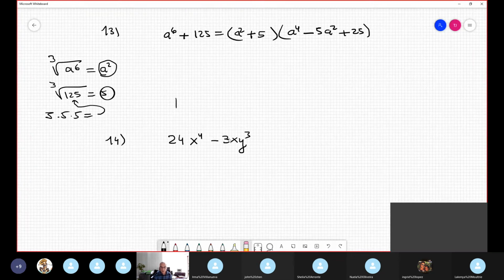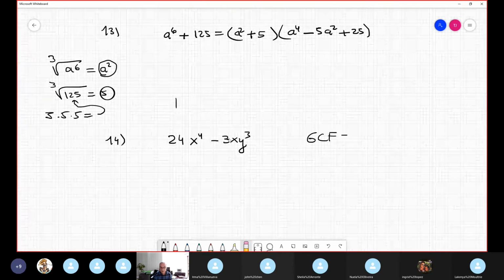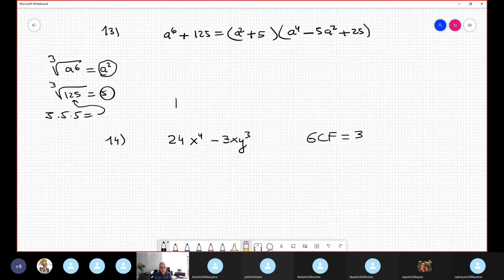GCF, very well. Not 6, the GCF is 3. Professor, what is the GCF? 3x. Excellent. Remember, the numerical part and the variable part. I discover that the GCF is 3x, and I factor it out first.